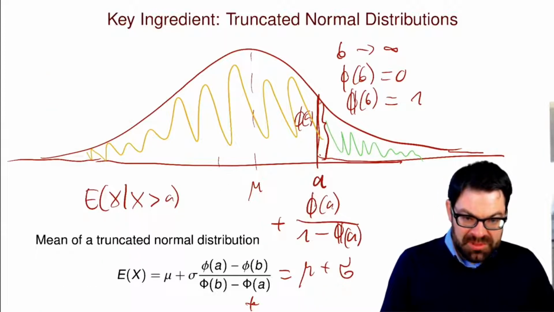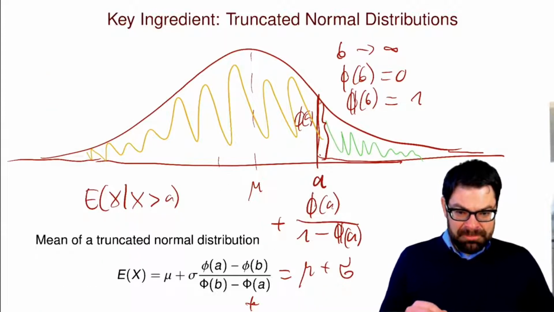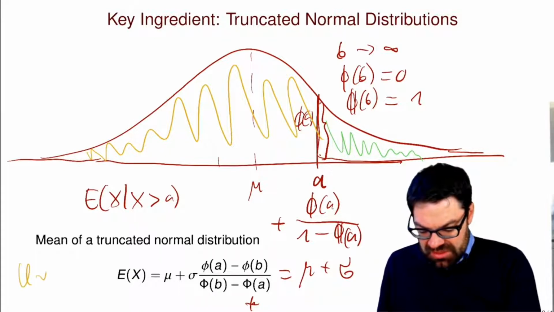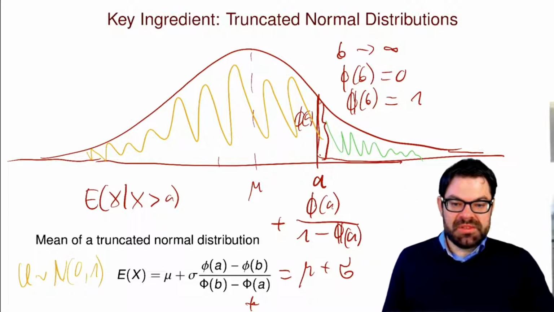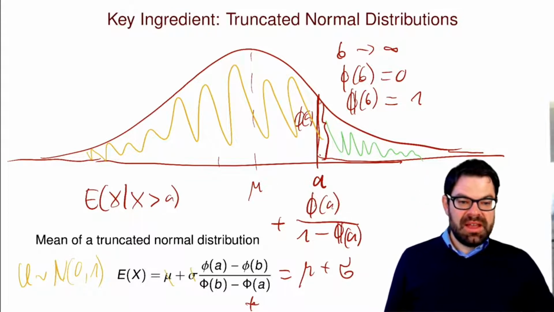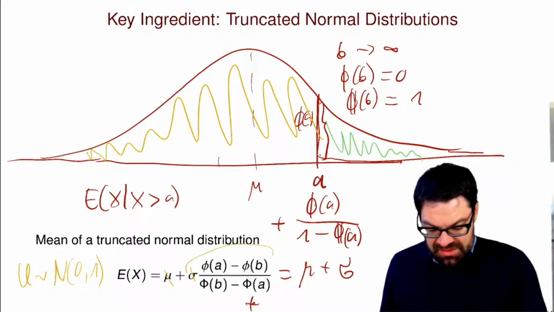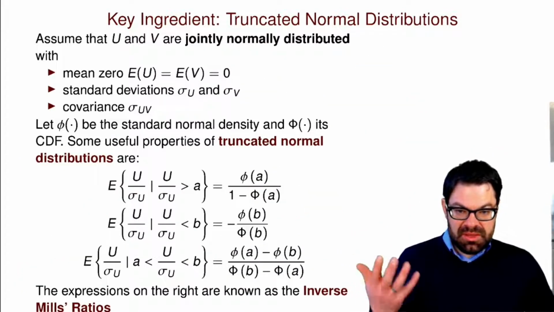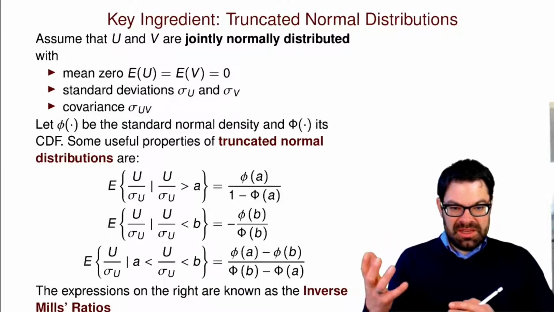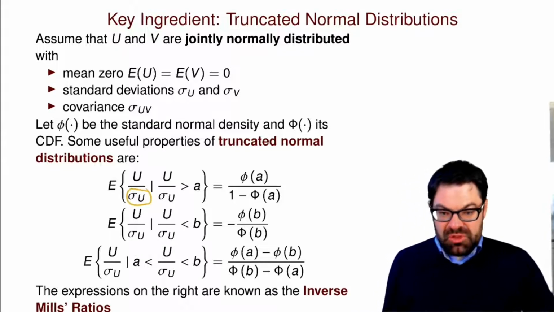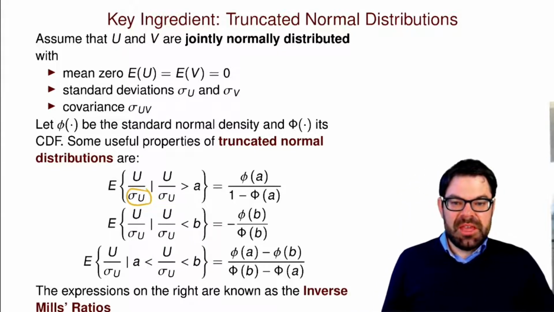And what we typically do is then we simply assume that that variable, let's say u, is normally distributed with mean 0 and standard deviation 1. So we standardize it, and then obviously those two terms simply cancel out, and all we're left with is that fraction here. And so on the next slide, you can see the ingredients with u, and where we standardized u to its standard deviation.